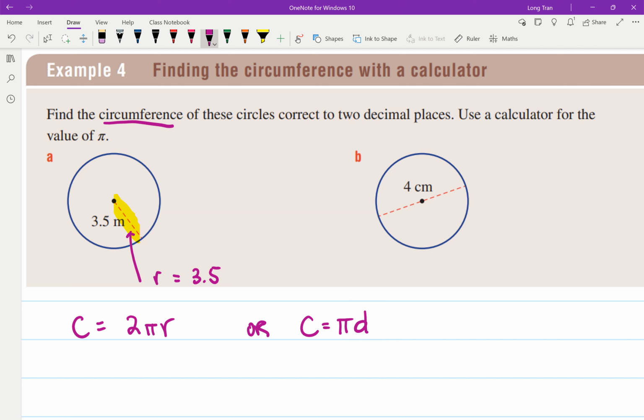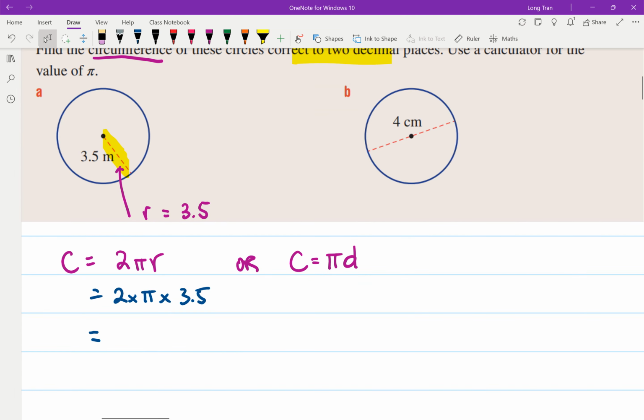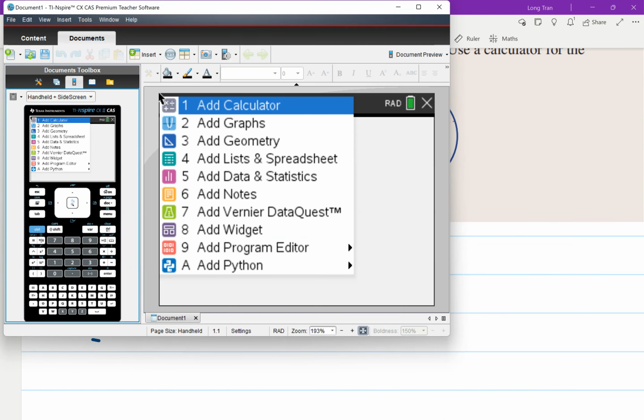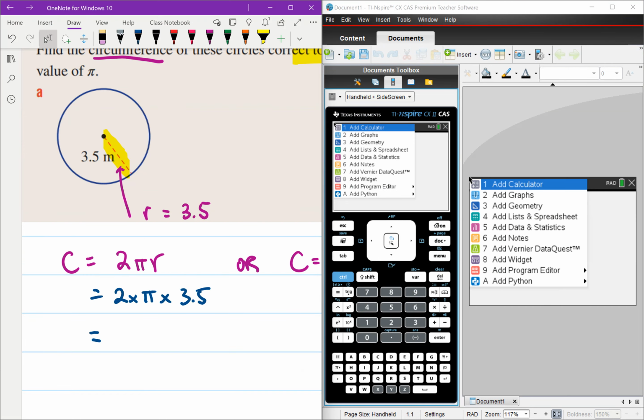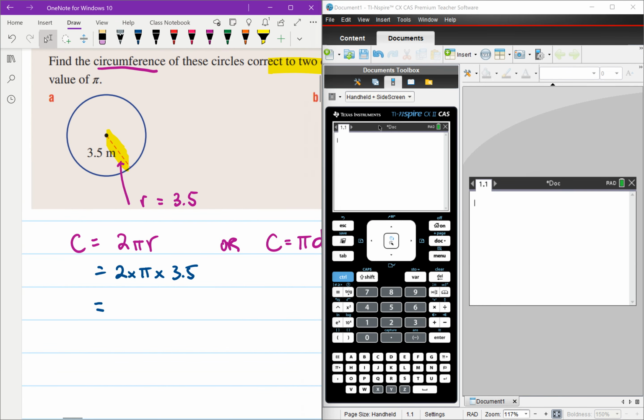But notice they said correct to 2 decimal places. So let's do this on our calculator. Okay, so I'm going to type it in. I'm going to put in 2 next to pi means times, so 2 times pi times the radius, which is 3.5. So on your calculator, I want you to be writing this. Here we go. We're going to go to my calculator side. 2 times.